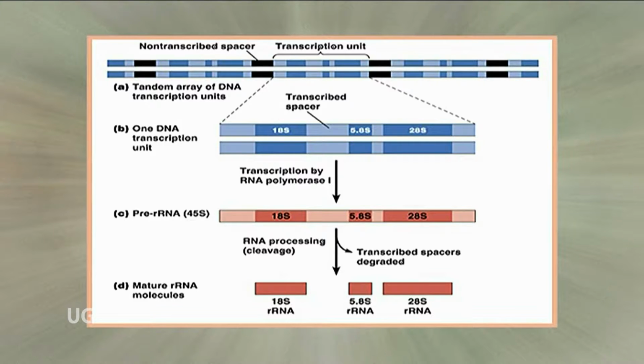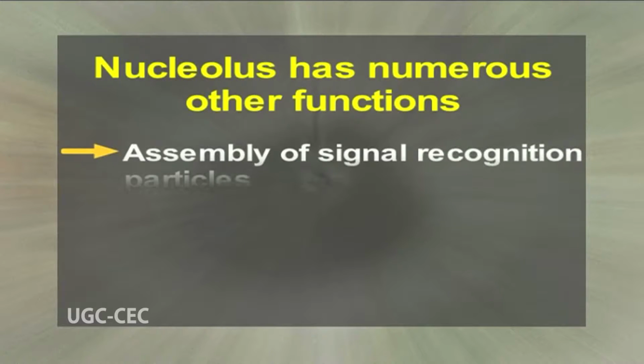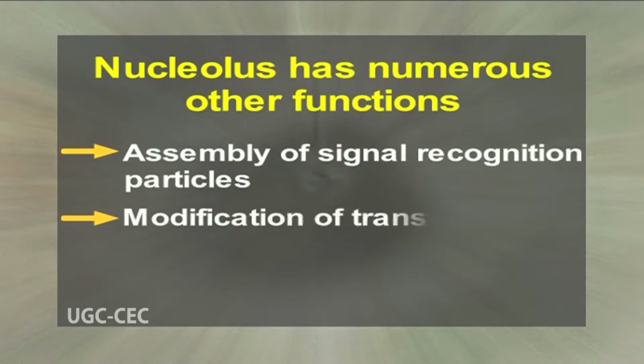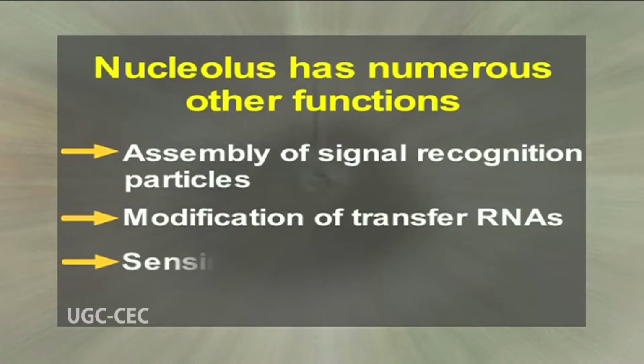The pre-rRNA is modified and processed into rRNA with the aid of non-ribosomal proteins and small nucleolar RNAs. The nucleolus has numerous other functions, including assembly of signal recognition particles, modification of transfer RNAs, and sensing cellular stress.